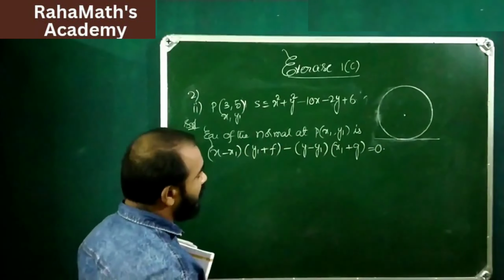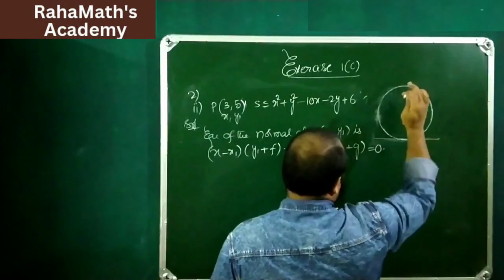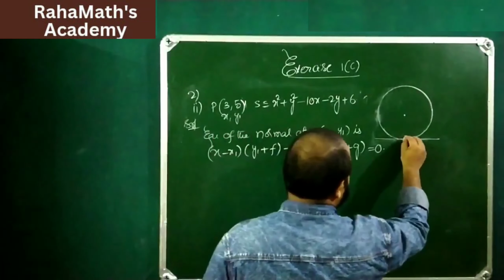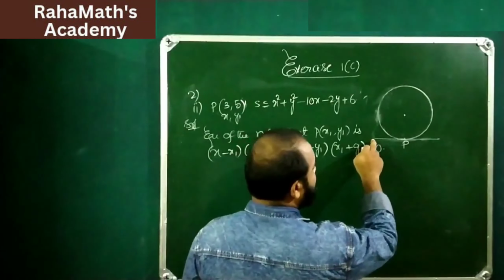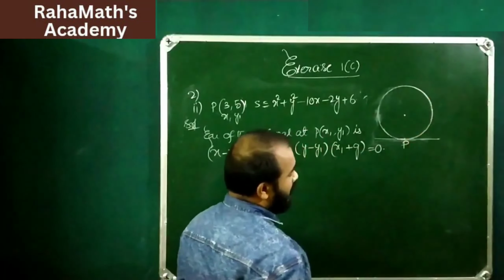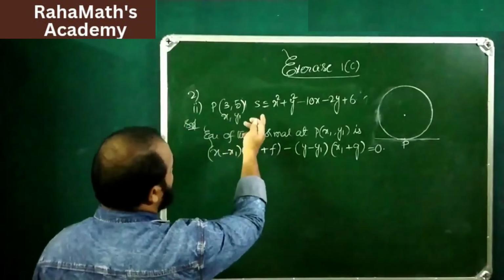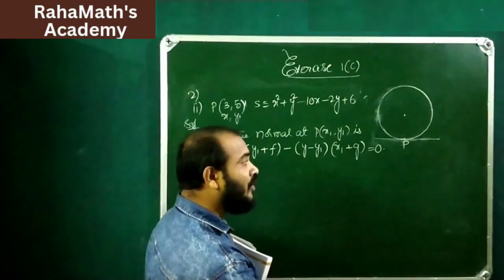So in the earlier question the circle is given and the point P is given, and we are required to find out the equation of the tangent. Now here we are required to find out the equation of the normal.